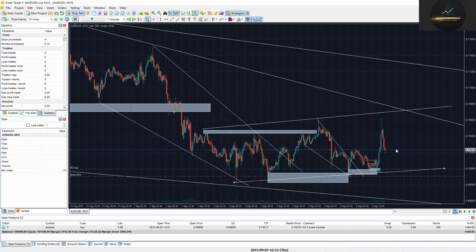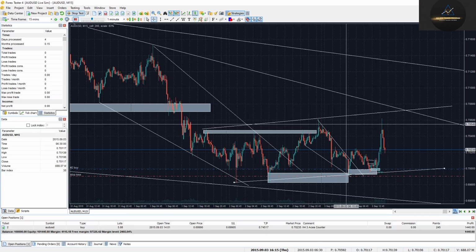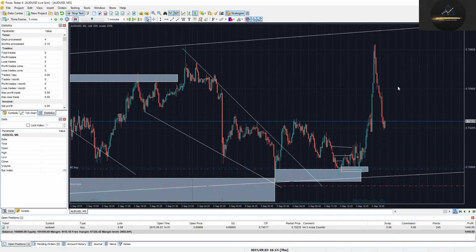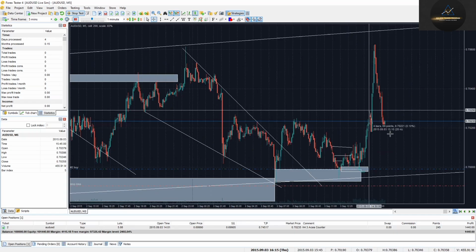Oh my God. That is a deep pullback. Very deep. What did it react from? See, just when you want to bank some profits, this happens. Okay, let's see if this banker block holds.